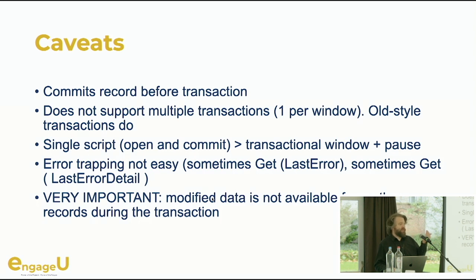Setting a variable is a step that erases the last error. So you have to capture get last error, last error detail and last error location in one action, because otherwise it wipes it out. An if, for instance, does not delete the get last error, but set variable does.